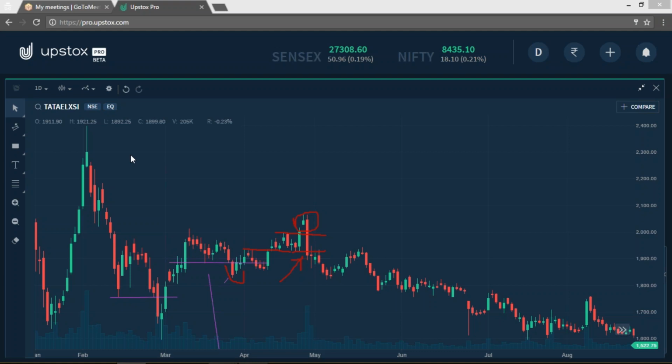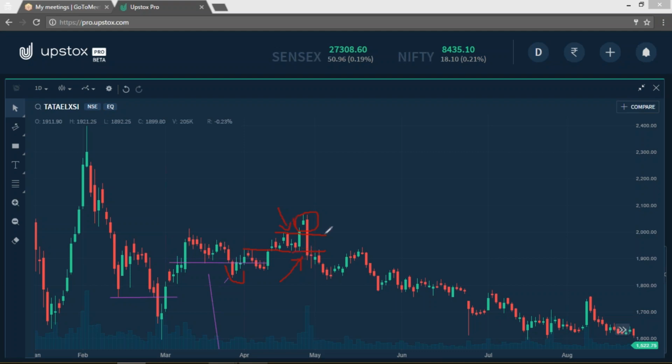The green line just after that could also be taken as swing low. Green line after the swing low that I've marked, okay. So what I marked is this is the swing high and this is the swing low.